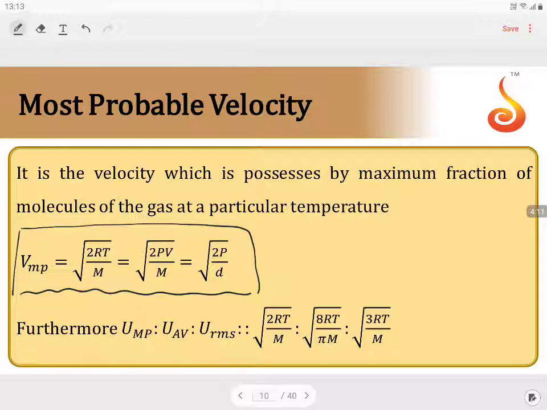Now, how are the most probable velocity, RMS velocity and average velocity related to each other? They are related with a formula.